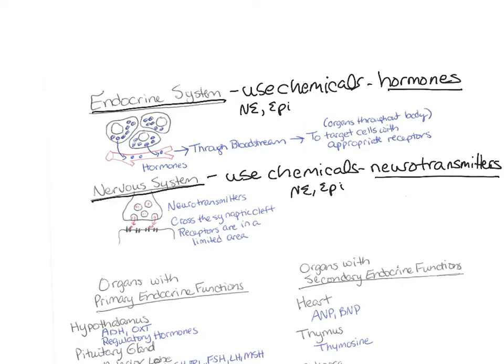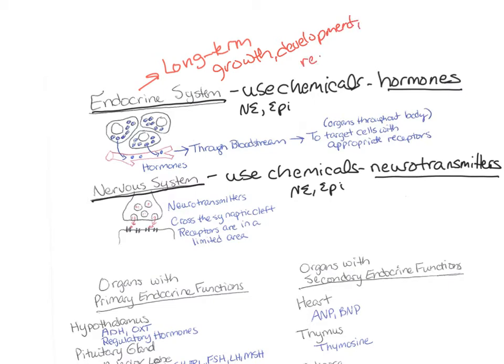Now, some of the differences between the two, though, is the endocrine system. This regulates long-term metabolic activities. These long-term metabolic activities are things like growth, as a person grows and gets bigger, or in development, as a baby becomes a toddler and then becomes a child and then becomes an adolescent.